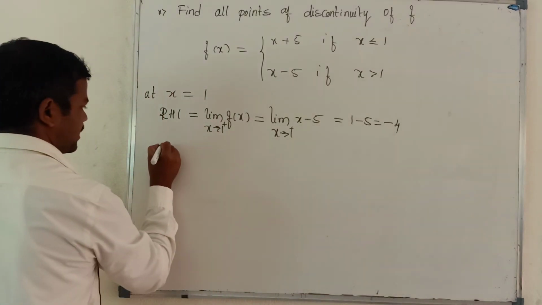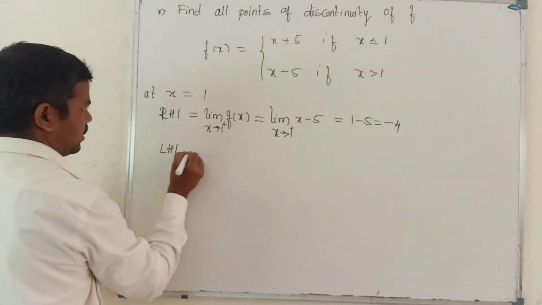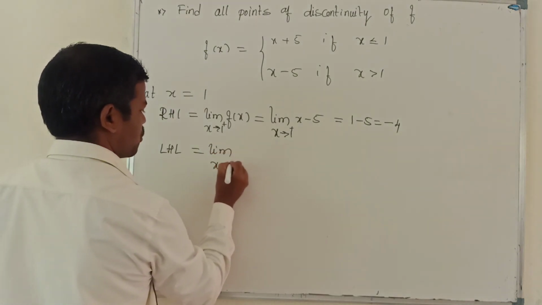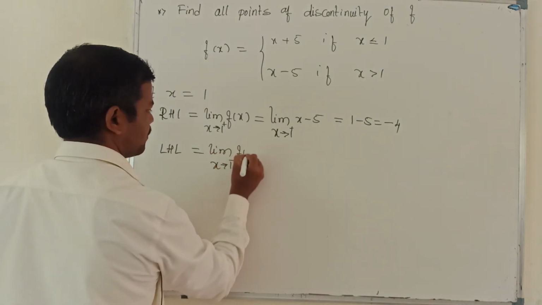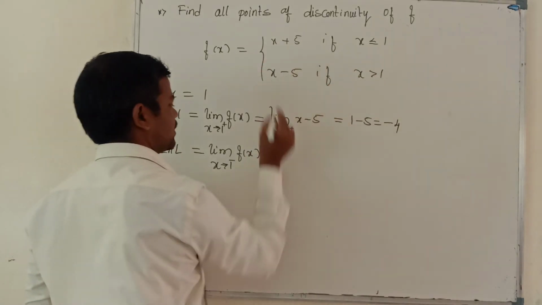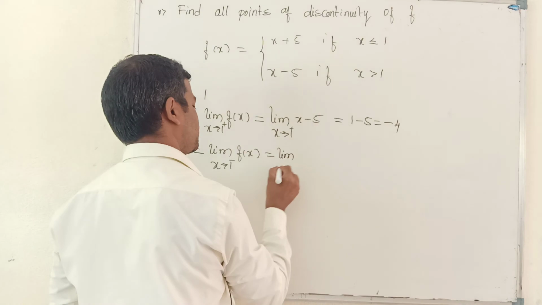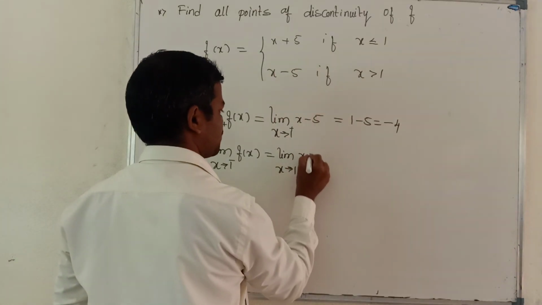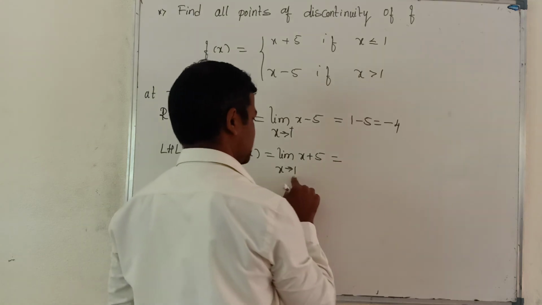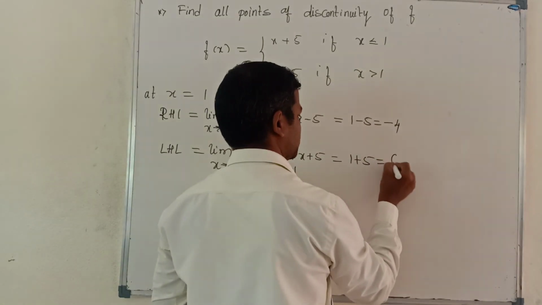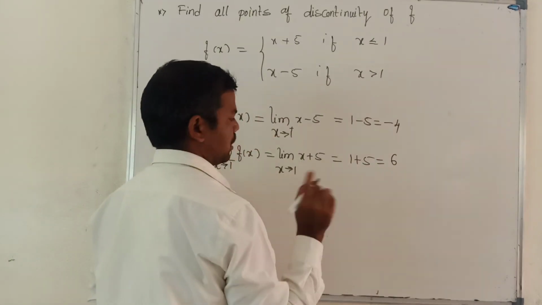LHL is equal to limit as x tends to 1 minus of f of x. For less than 1, f of x is x plus 5. Put x as 1: 1 plus 5 is 6. They are not equal here.